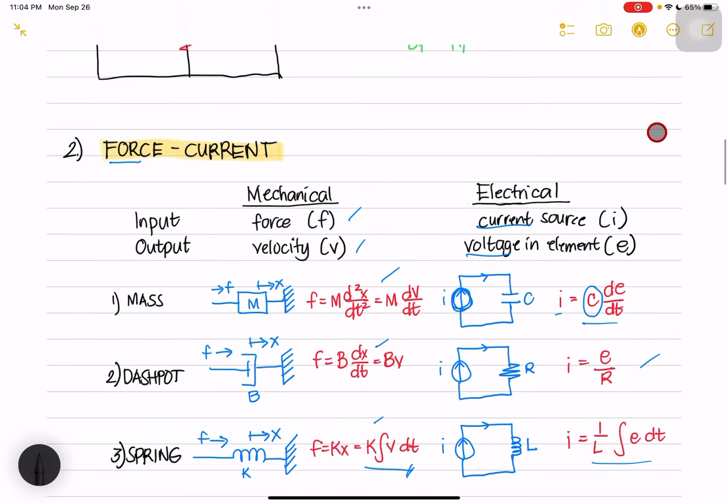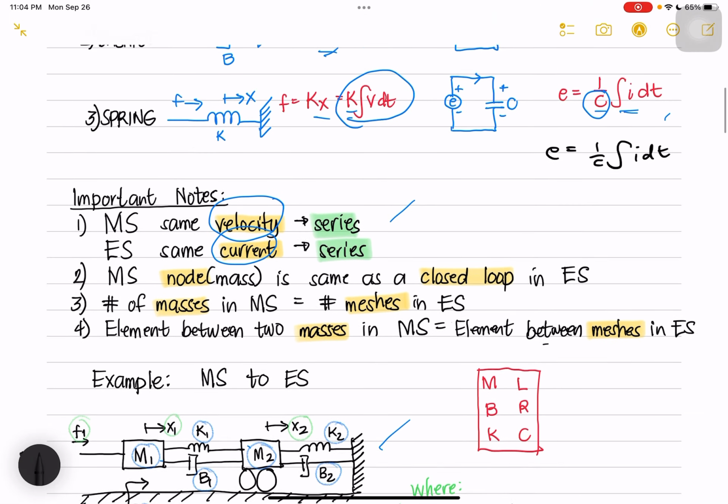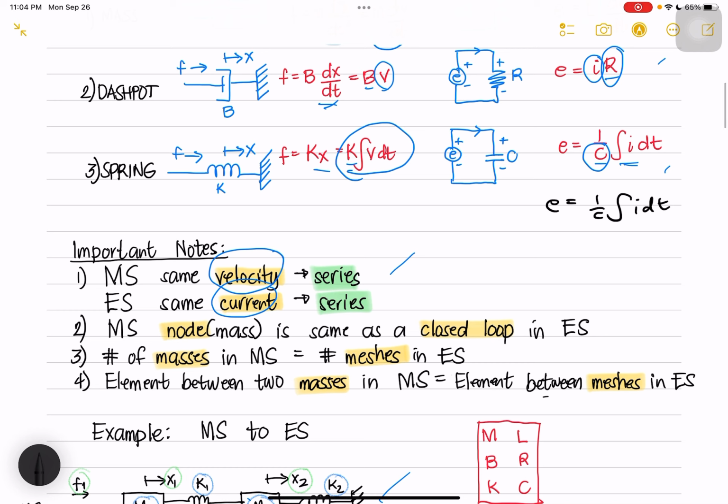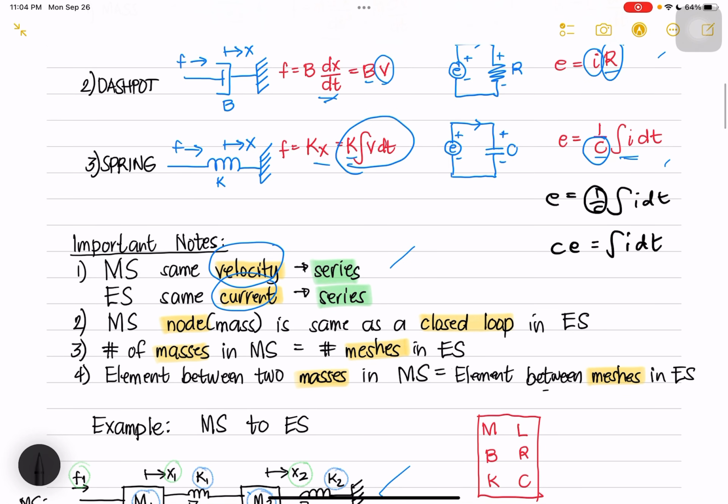If we multiply both sides, CE is equal to integral of I dt.